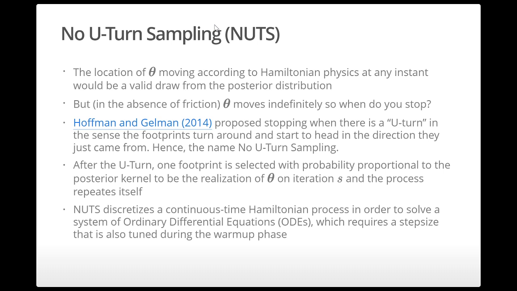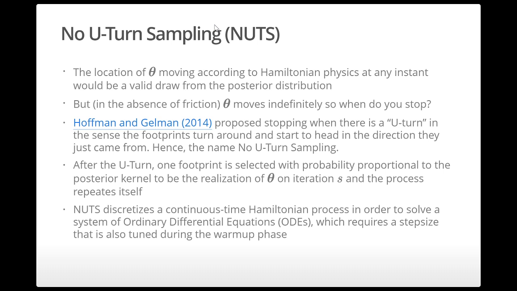Hoffman, when he was a postdoc here, came up with a criterion: you should stop when there's a U-turn in the theta location, when it starts to come back to where it started from. When you hit it with the normal wind, it starts to move in one direction.